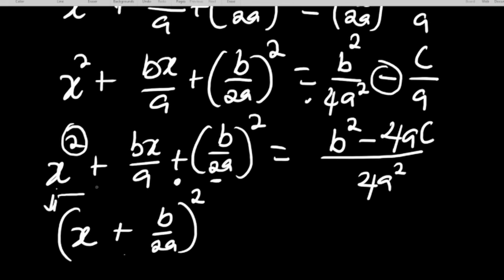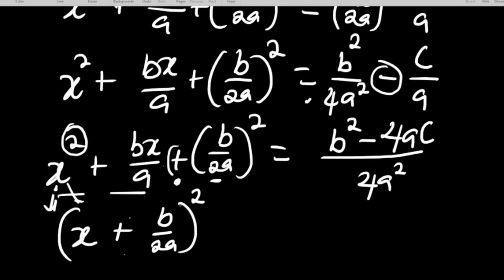You can try that on your own. Once you expand x plus b over 2a squared, you get everything here back. That is how it works. Like I said, pick the x term, ignore the middle term, pick the sign. You can see the x is here, the plus is here. Then whatever you have inside the bracket, you drop it and then you square everything.